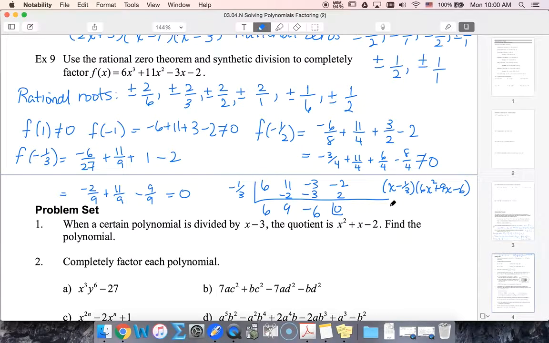Take out the 3, move it back over here. 3x minus 1 times 2x squared plus 3x minus 2, 3x minus 1 times 2x minus 1, x plus 2. If I multiply that out, I get this. So now I've got my completely factored f of x.